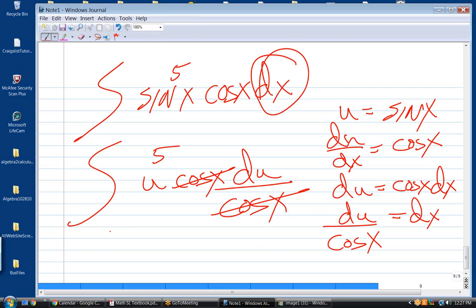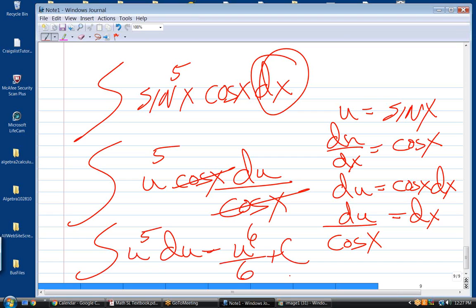So now it's real simple. The integral of u to the fifth du is equal to u to the sixth over 6 plus c. Now I go back and substitute for u. It was sine x. So my answer is sine to the sixth of x over 6 plus c.